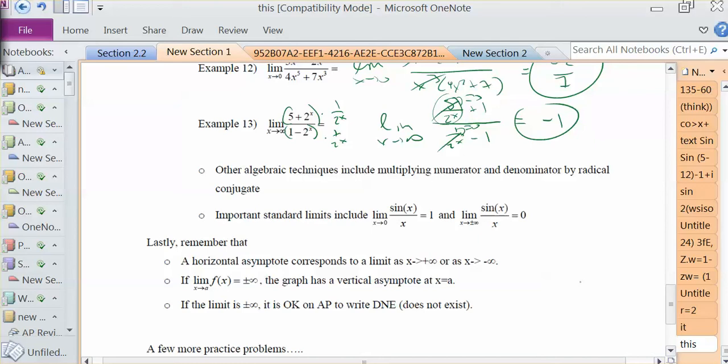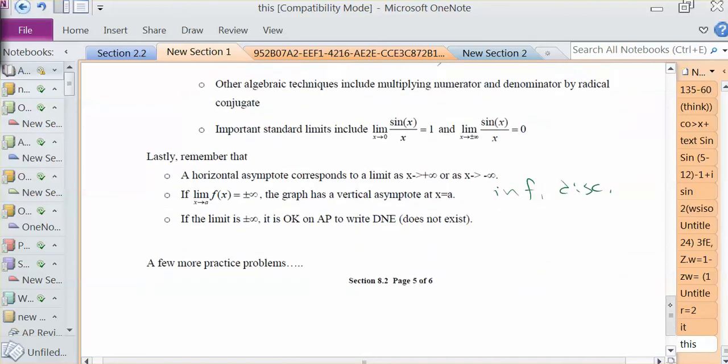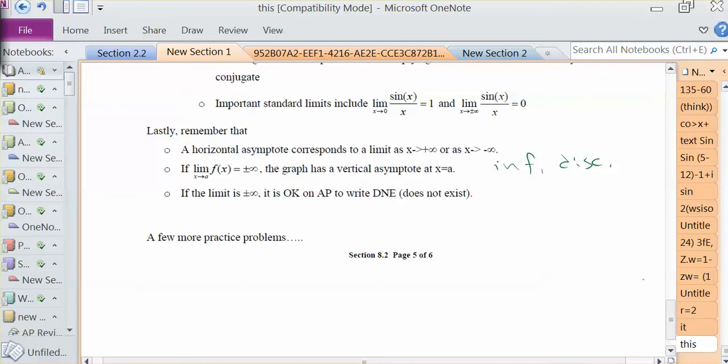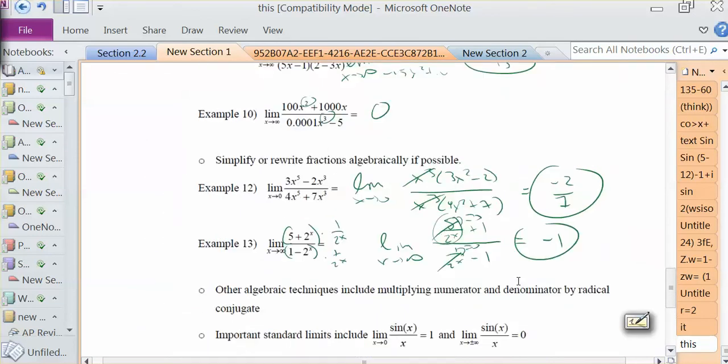That's why they're called infinite discontinuities. It's okay to write DNE if the limit does not exist, if your limit has to be approaching positive or negative infinity. So we'll have more of a discussion on this next week. But just a reminder that you can use other techniques besides L'Hopital's rule if you decide to go that route.